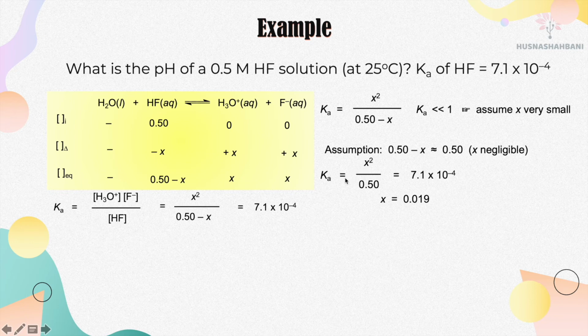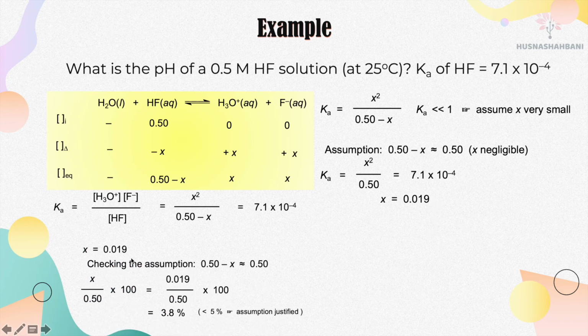So Ka equals x squared over 0.5, because 0.5 minus x is equal to 0.5. We put 0.5 here, equal to the Ka value, and you will get an x value of 0.019. If you want to check whether it is very small or cannot be assumed as very small, this is how you check the value of x.